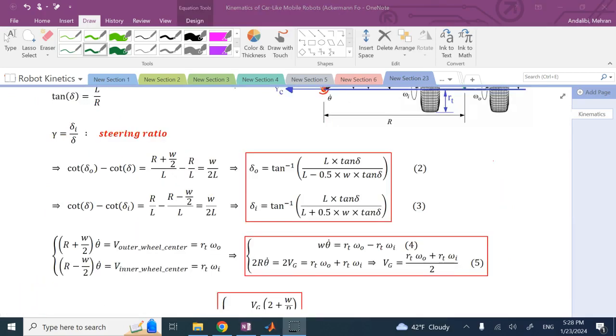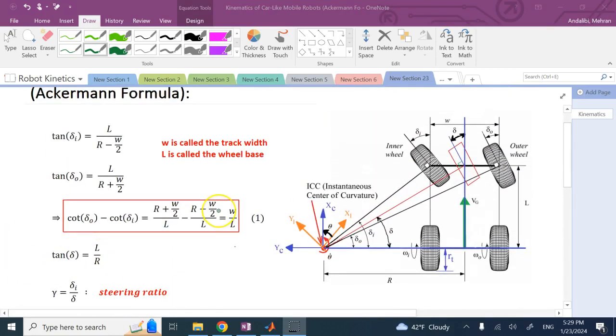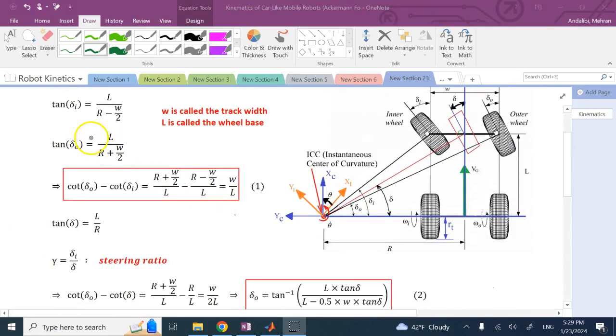Okay, another formula that I want to talk about are the similar versions of this Ackermann formula that we had. But here, instead of subtracting cotangent of delta O minus delta I, we subtract the cotangent of delta O minus delta, or delta I minus delta.